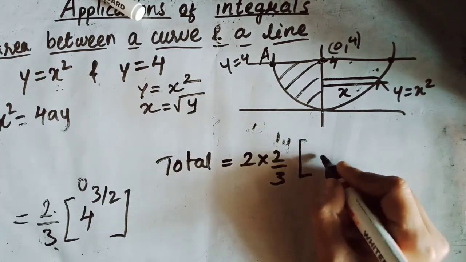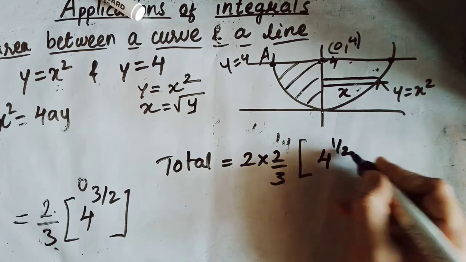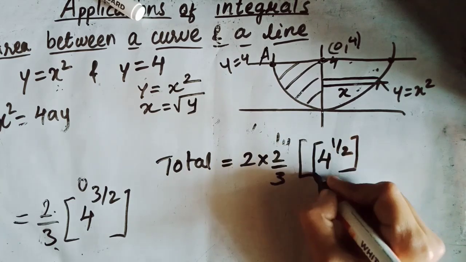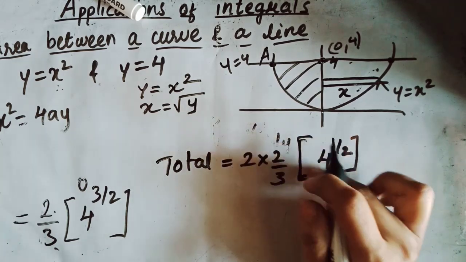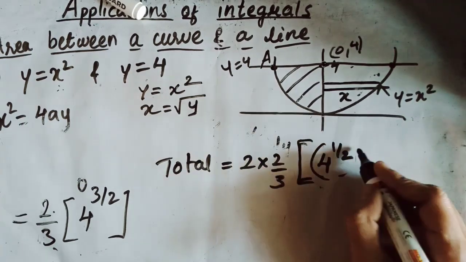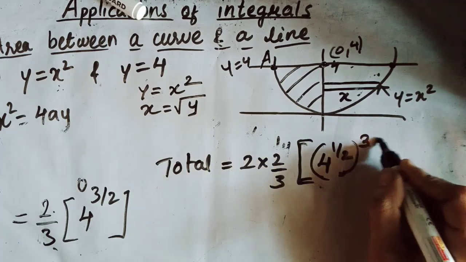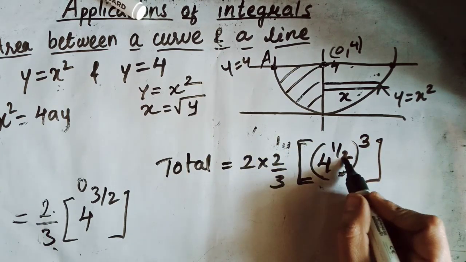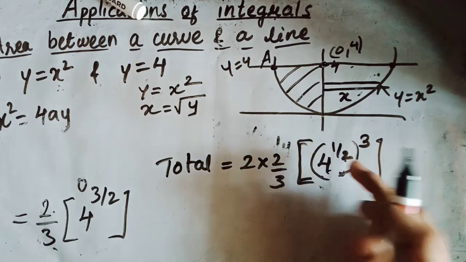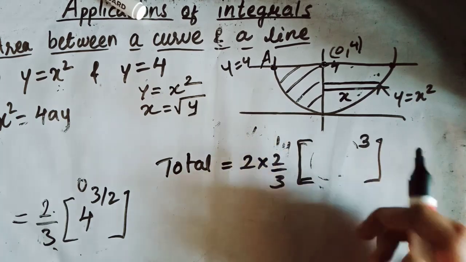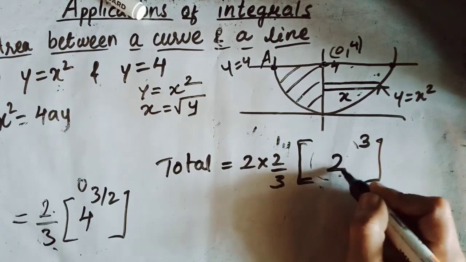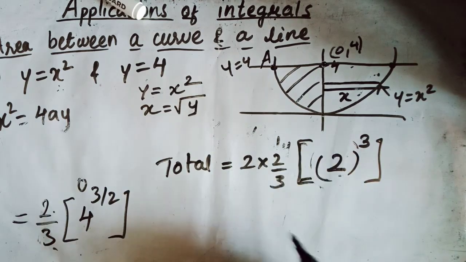You can write 4 raised to 3 by 2 as 4 raised to half, whole raised to 3. 4 raised to half means root of 4, and root of 4 is 2, and 2 cube is 8.